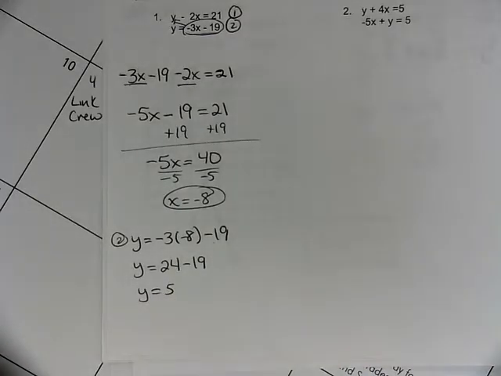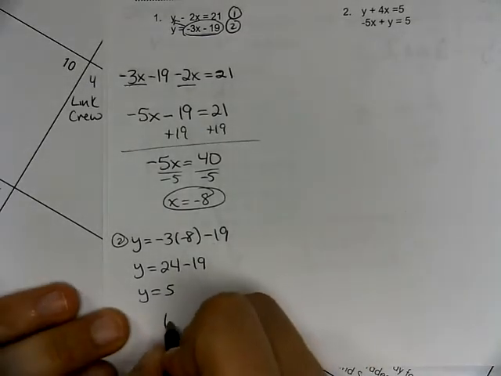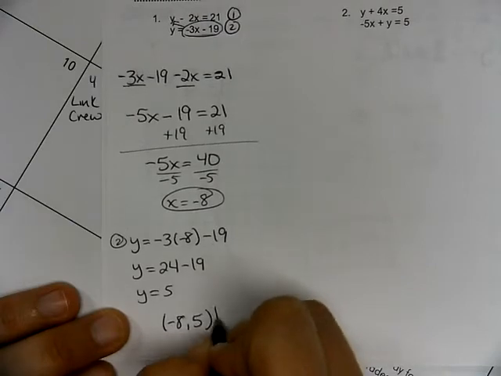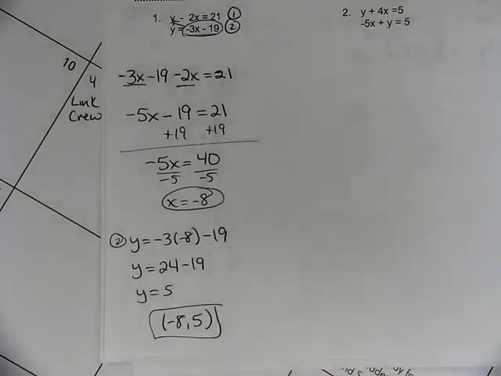So y equals 5. Negative 8, 5. You can always check your answers, but I don't care if you don't. But you should always get one answer, and they should be nice whole numbers, because I just did your homework this morning.